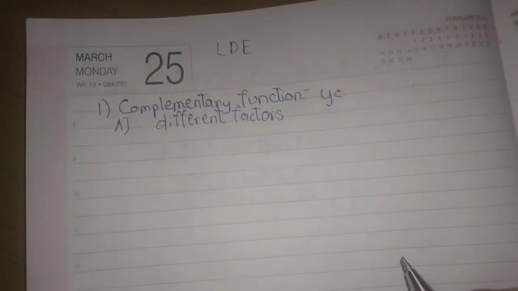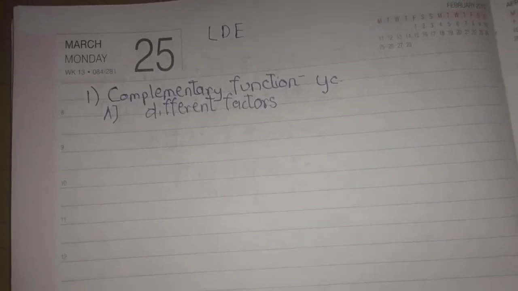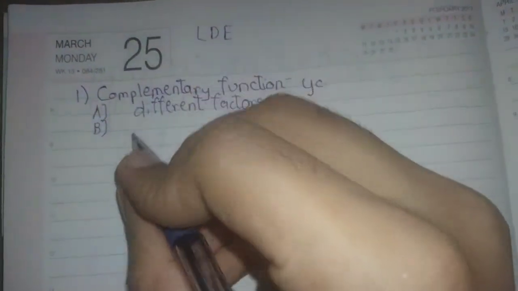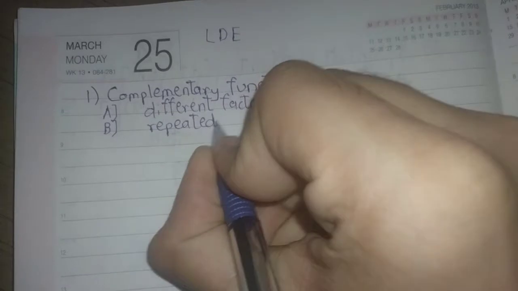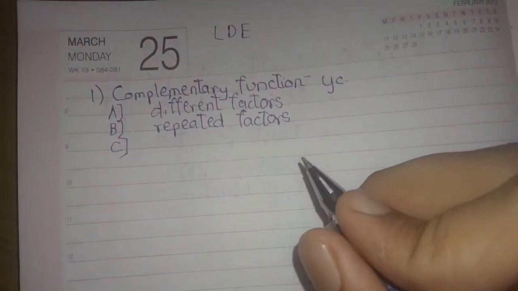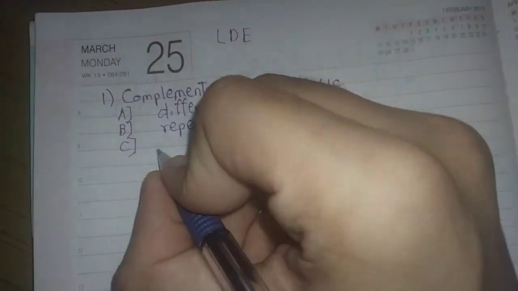In this case, normally different factors are used, that is, no term is repeated. But if a term is repeated, then the complementary function comes under the repeated factors case. And the third case occurs when an imaginary term, that is an i term, is used.